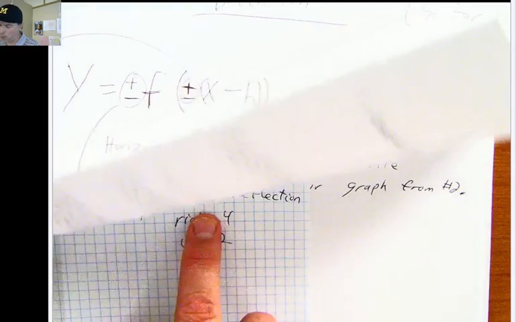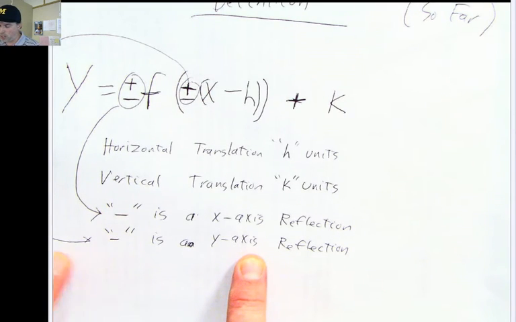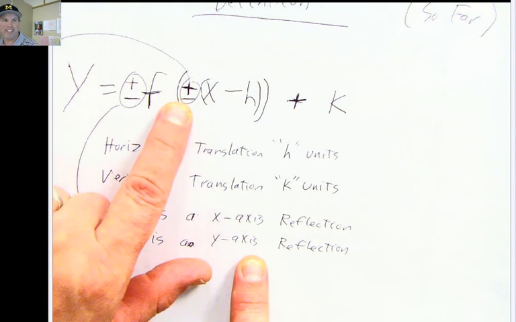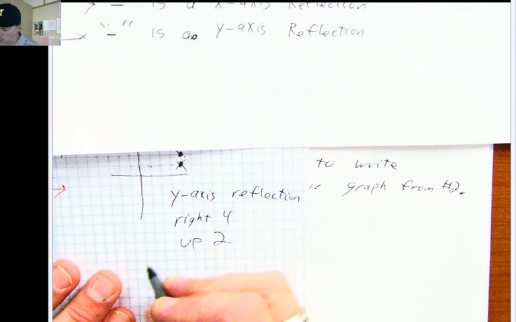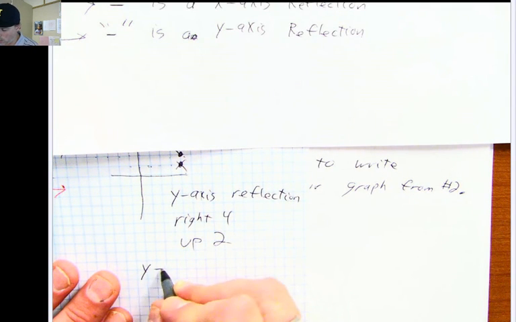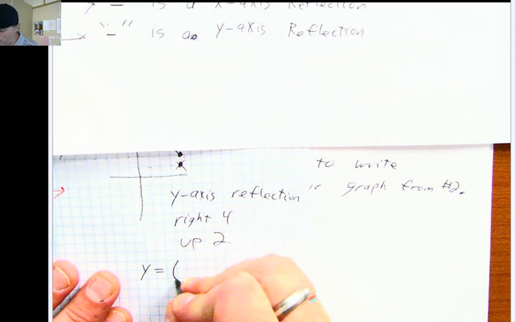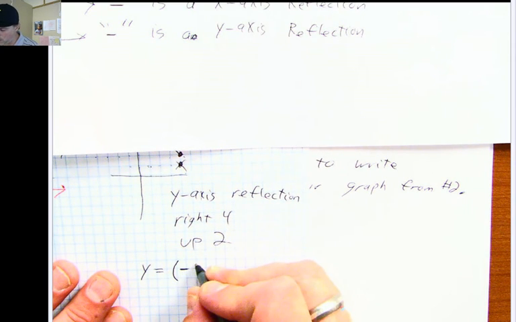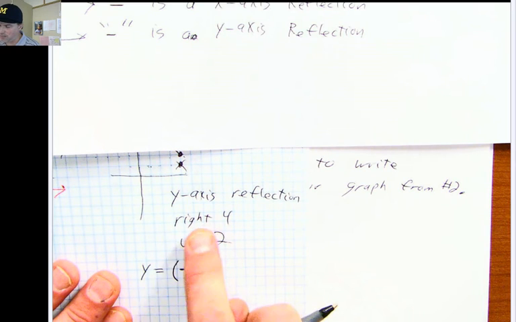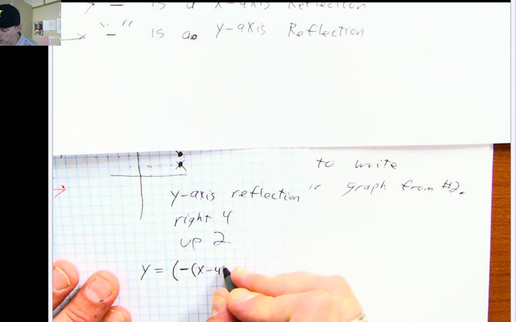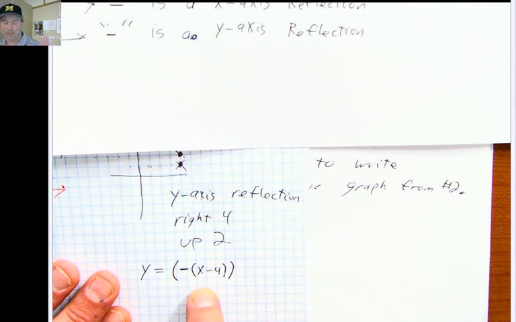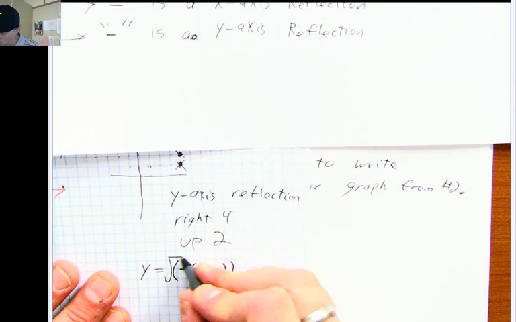We have a y-axis reflection, and a y-axis reflection is this negative on the inside. So I have y equals, inside the function is this negative, and then on the inside, if it's going right 4, that would be x minus 4, close and close, and that's inside the function, and this particular function is a square root.